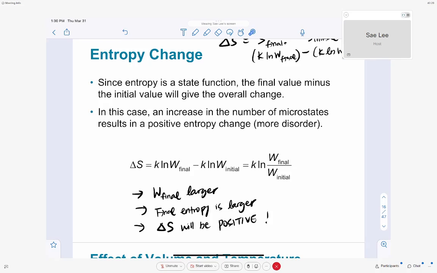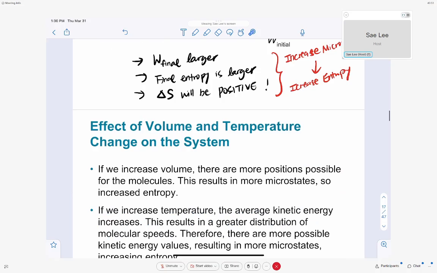So that's why increasing microstates, or higher microstates, is related to increasing entropy. It makes sense mathematically as well.